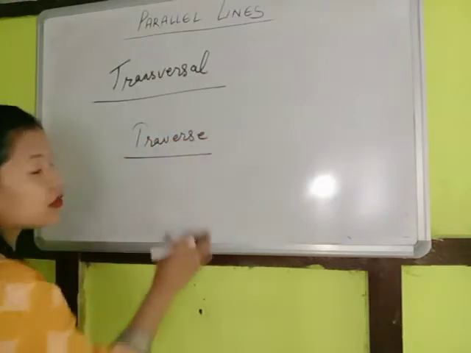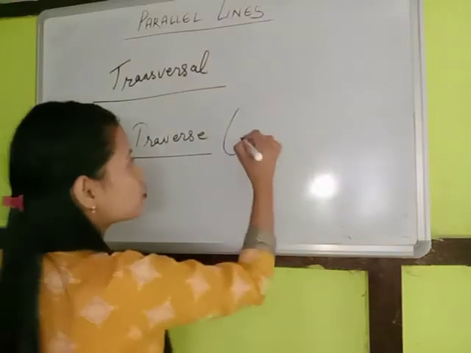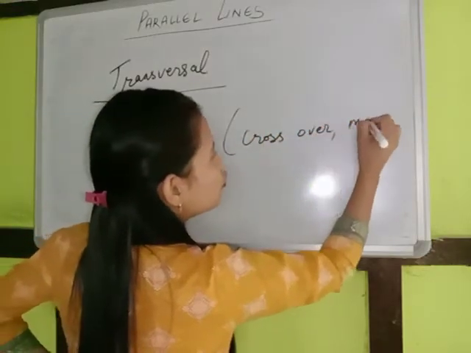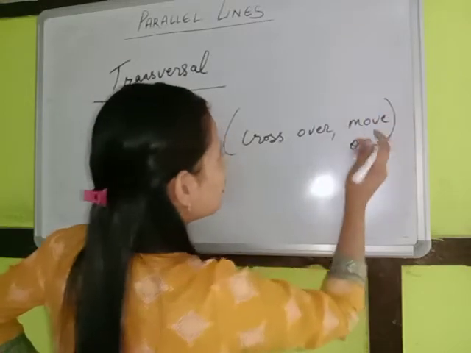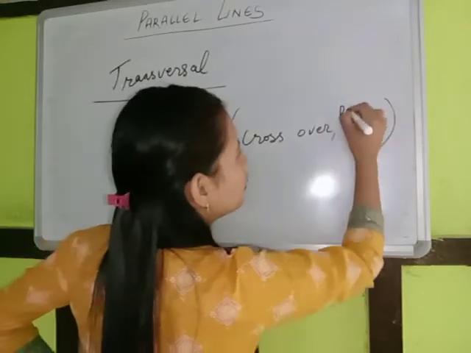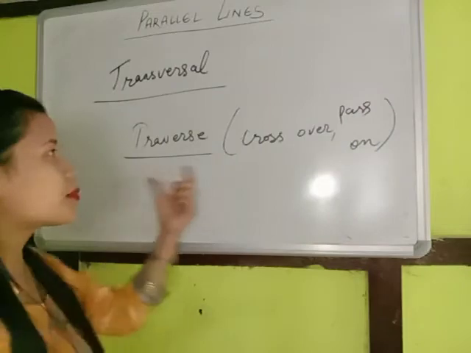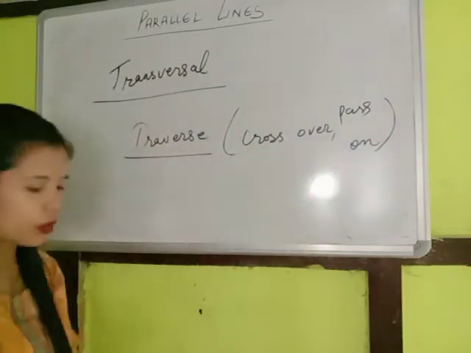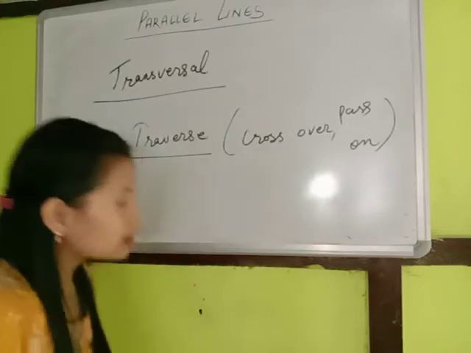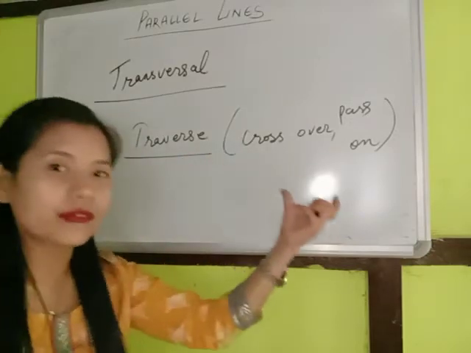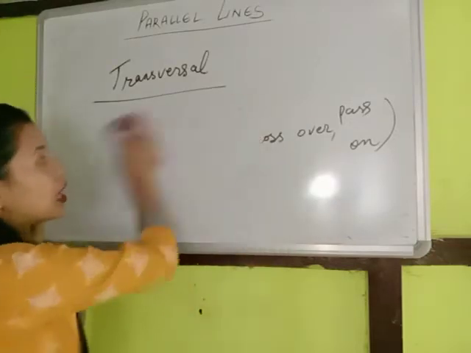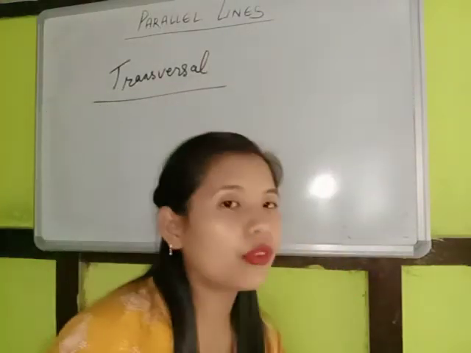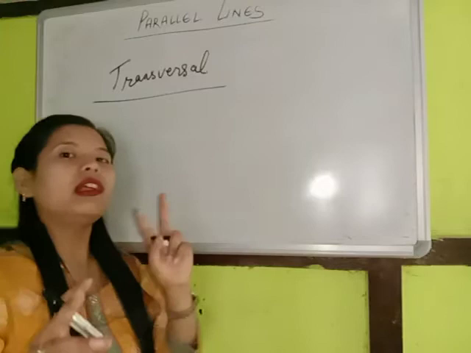Traverse is an English word which means to cross over or to pass on. In the same way, transversal has a similar meaning. A transversal is a line which crosses over any two other lines.